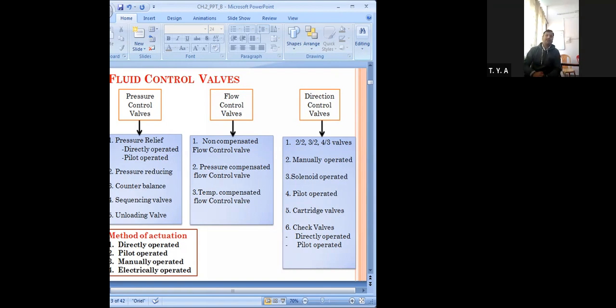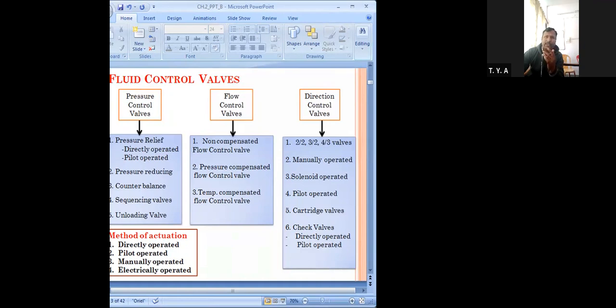Getting it? And further, these control valves are divided into subtypes also, which I have mentioned here, and in detail we are going to see them one by one. The direction control valves are classified into subtypes like 2x2, 3x2, 4x3 valve, then manually operated, solenoid operated, depending on the valve actuation mechanism.